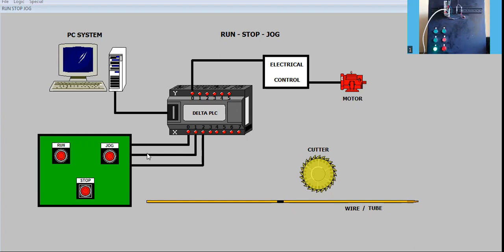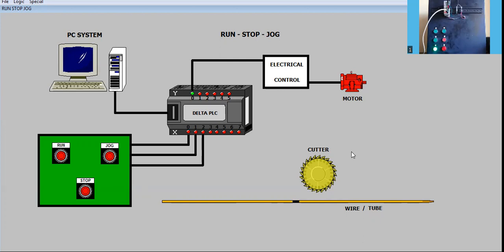Operator will say stop whenever he wants to stop. The wire or tube remains at that position, and then he will simply say jog. He will press and release the input so that this wire moves towards the cutter, and that action is also called as inching. Jog is used to gain accuracy. So let us run this. I press and release run. I see that the wire is continuously moving.